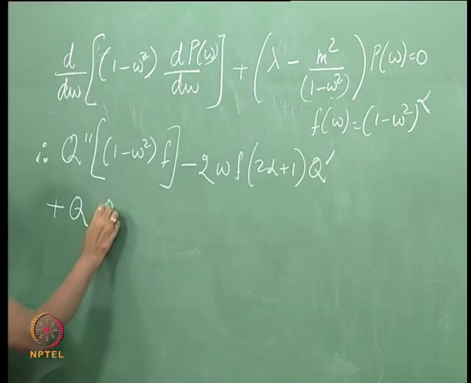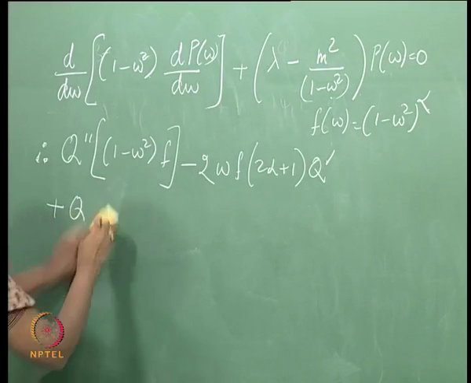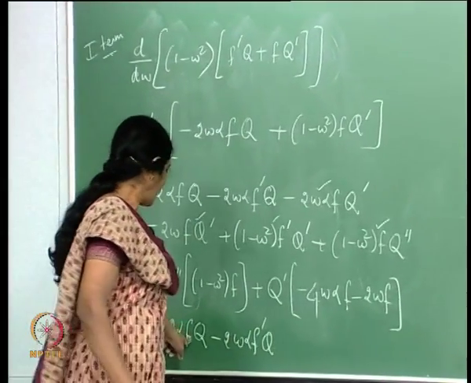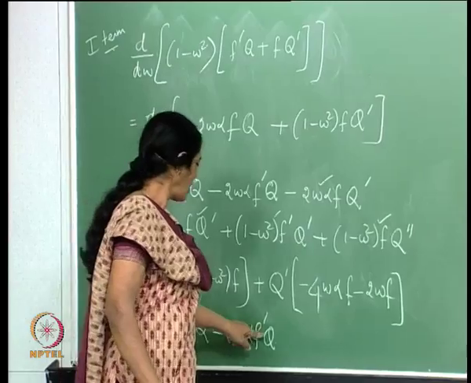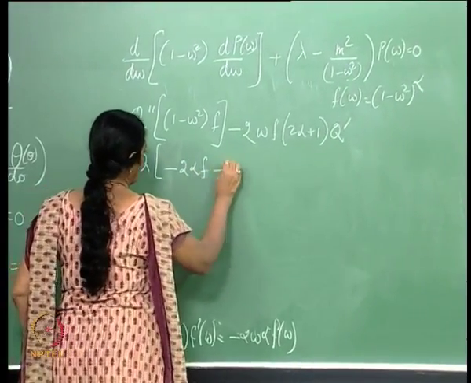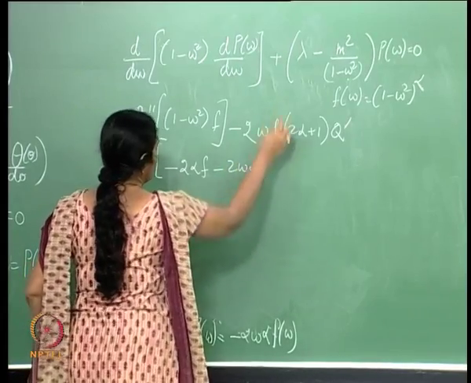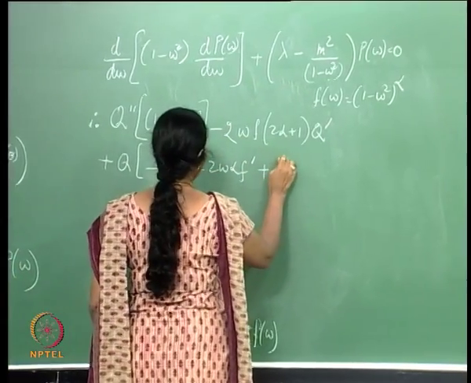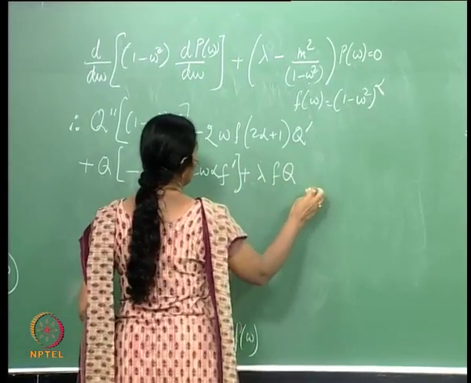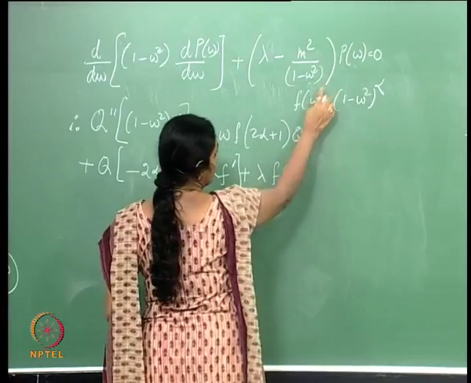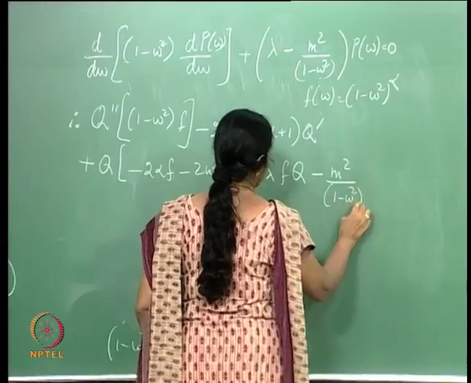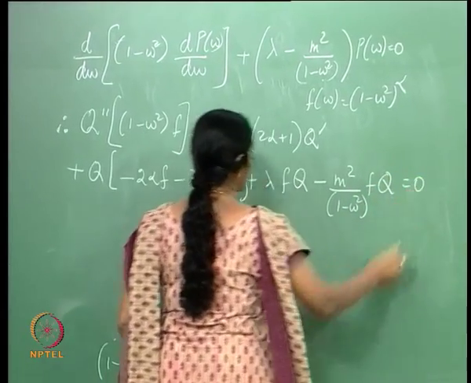From there I have −2α f − 2wα f prime. And from here I have plus lambda f q. Remember that p was f times q, minus m² by (1 − w²) f q. This is equal to 0.